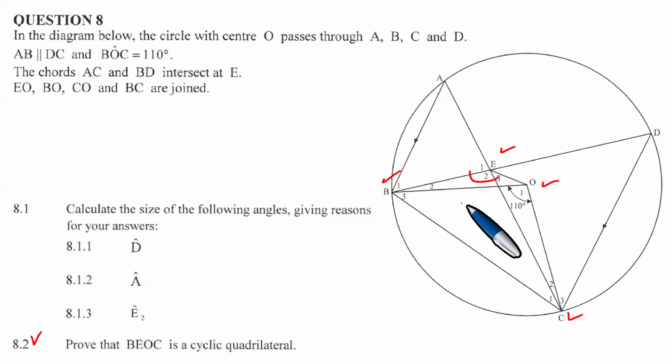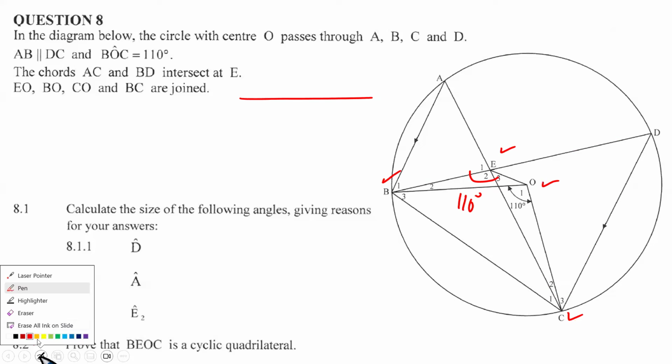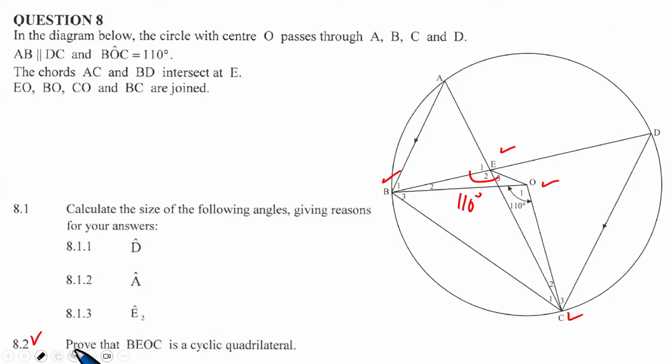We already know this one is 110 degrees, but this one is also 110 degrees. This gives us our old friend, the bow tie result. So we have a bow tie here, and these are clearly angles in the same segment. If we have angles in the same segment, this angle equals this one, making the quadrilateral a cyclic quad.